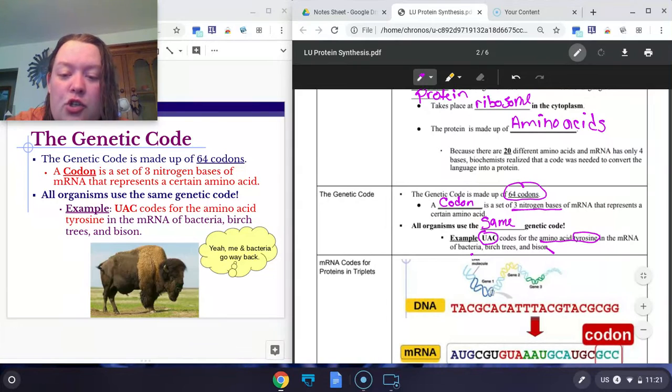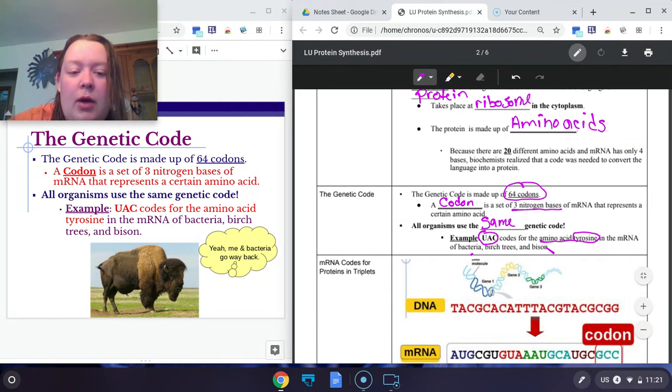If you have the letters UAC, that codes for tyrosine in every single organism. The difference between organisms is the way in which these amino acids are linked together. So there might be a different order of amino acids, they're going to be mixed around, and that's going to be what makes us different, is the order of the amino acids. The code itself and how it's read is always the same.